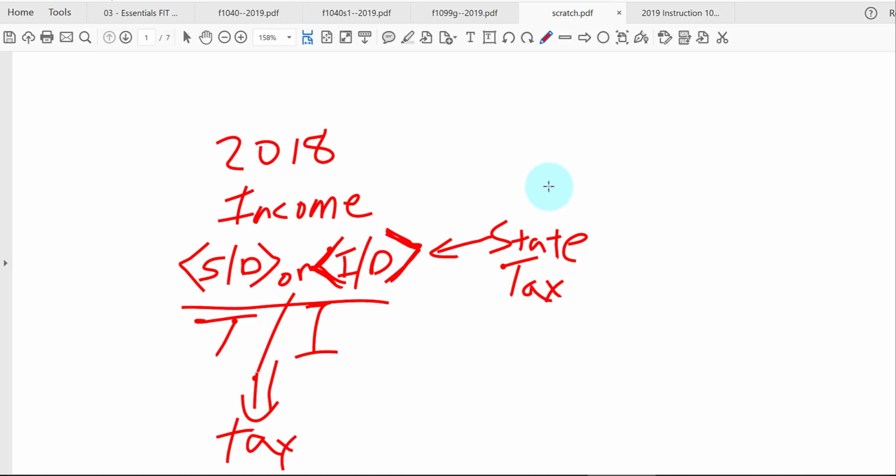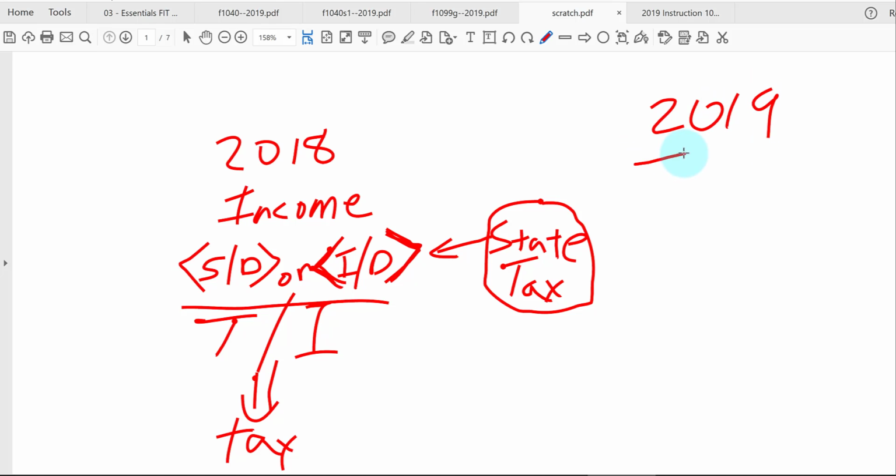Now maybe you paid too much state income tax during the year and you deducted the whole thing as an itemized deduction. Then in the next year, let's call this 2019, in your various types of income, you're going to have to report the refund you collect from the previous year's overpayment, and it's going to be taxable.